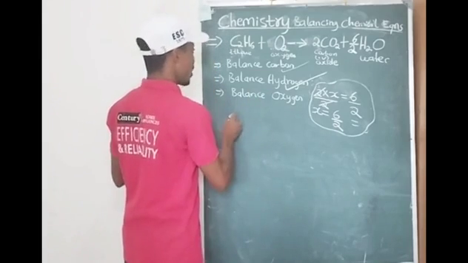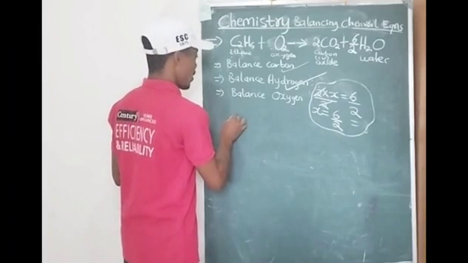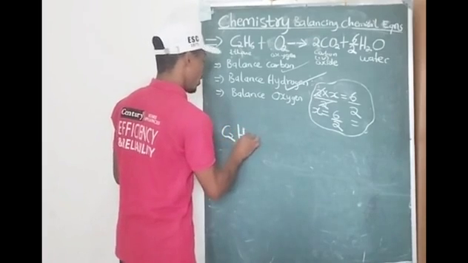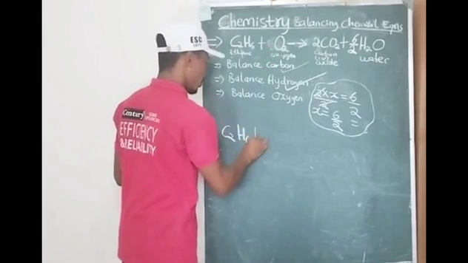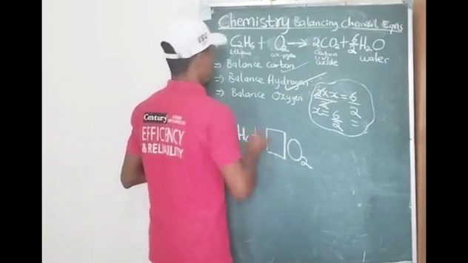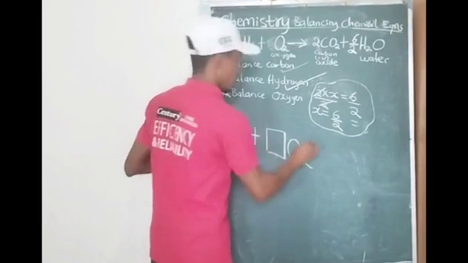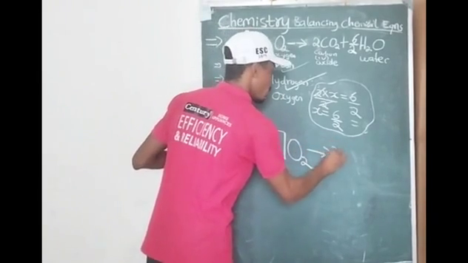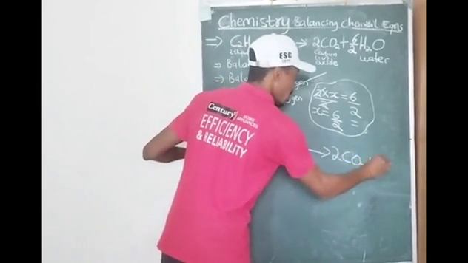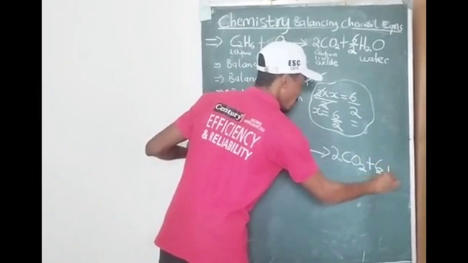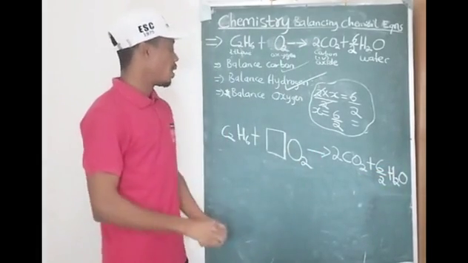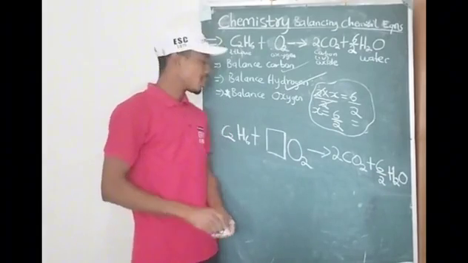Now, if I rewrite this chemical equation, you would see that this will be C2H6 plus what is going to be here for oxygen, giving 2CO2 plus 6 over 2 H2O.